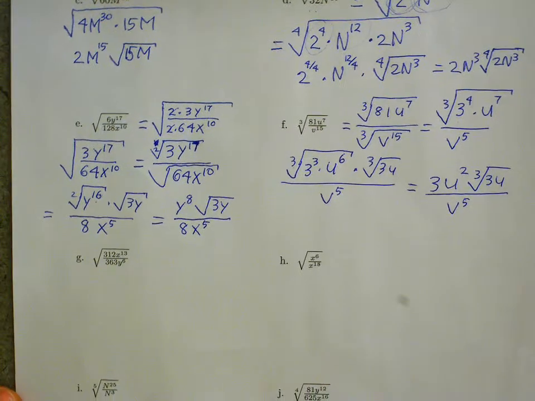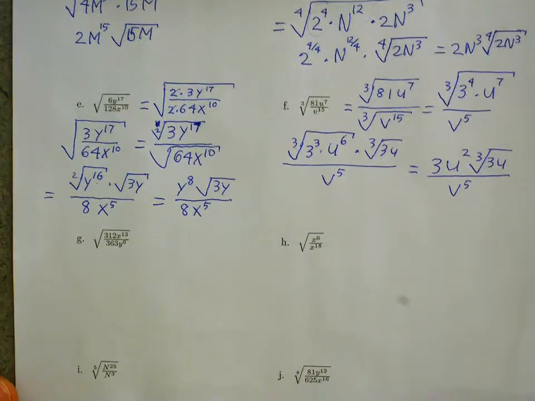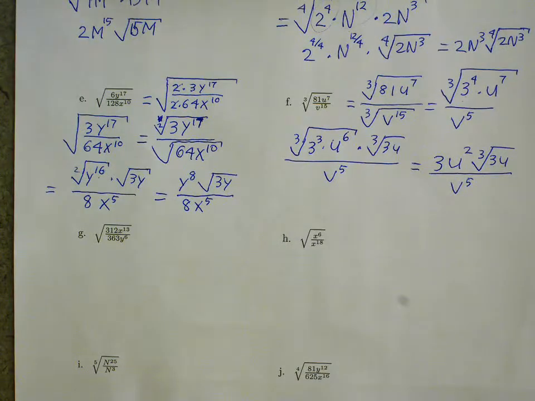Okay, the next one: simplify the square root of 312x to the 13th divided by 363y to the 6th.